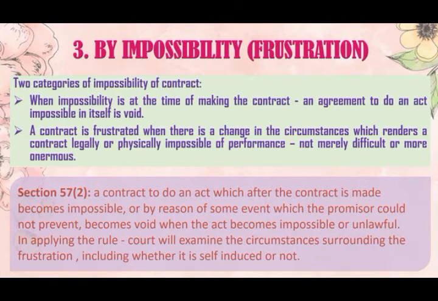Second, a contract is frustrated when there is a change in the circumstances which renders a contract legally or physically impossible of performance, not merely difficult or more onerous. In Section 57(2), a contract to do an act which, after the contract is made, becomes impossible, or by reason of some event which the promisor could not prevent, becomes unlawful, becomes void when the act becomes impossible or unlawful. In applying the rule, the court will examine the circumstances surrounding the frustration, including whether it is self-induced or not.